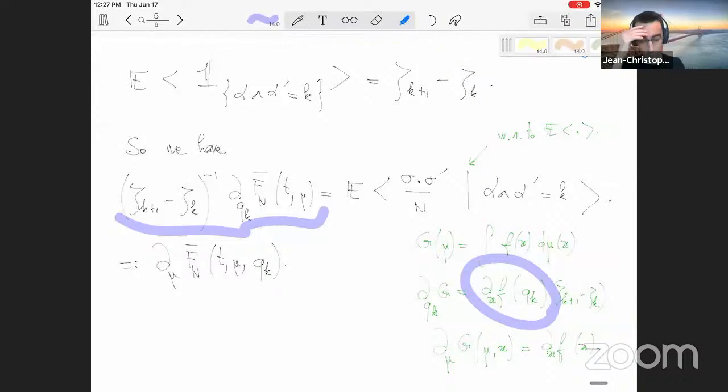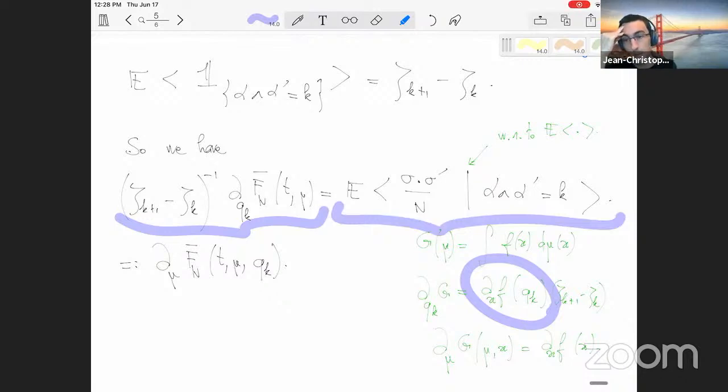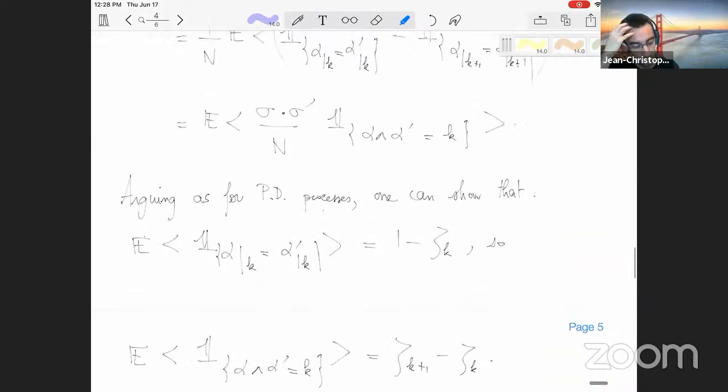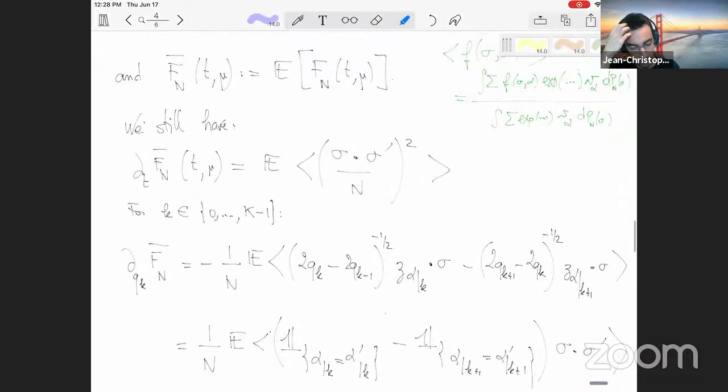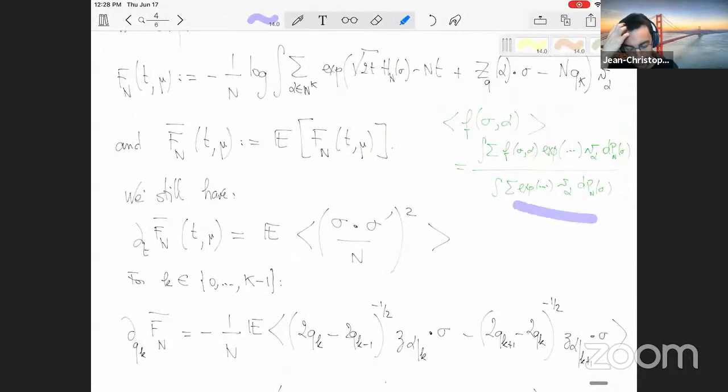Yes, there's already a question. Indeed, this right-hand side should depend on mu. It should also depend on t, because everything is also a function of t. These variables t and mu are both hidden in the bracket notation. When I define the brackets, here is the definition on top.